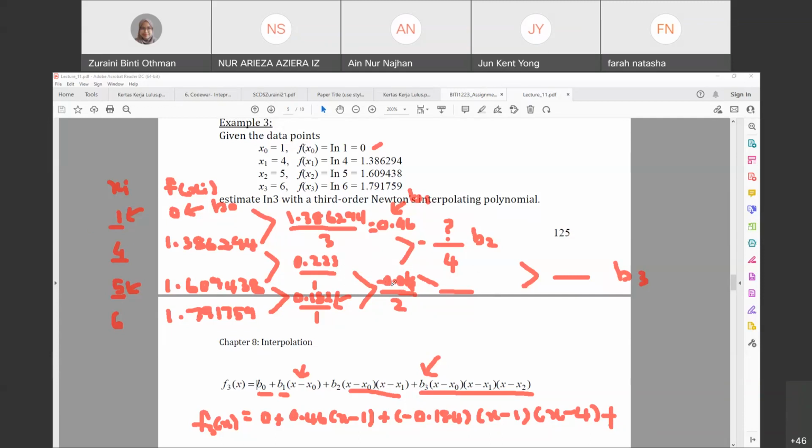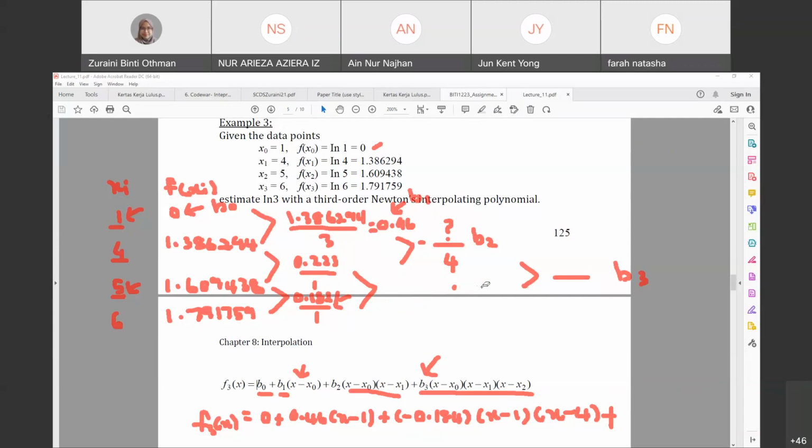Okey, kat sini kita dah kira B3. Sorry, confused. Sepatutnya dia letak dalam table. Okay, so here, kita letak kat sini 0.04, dia akan dapat 0.02 lah. Saya padam. Dapat negatif 0.02, right?